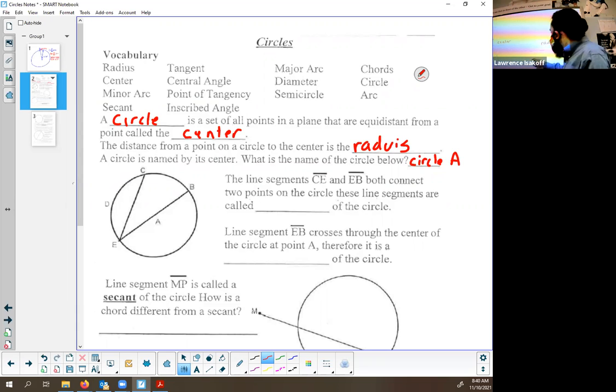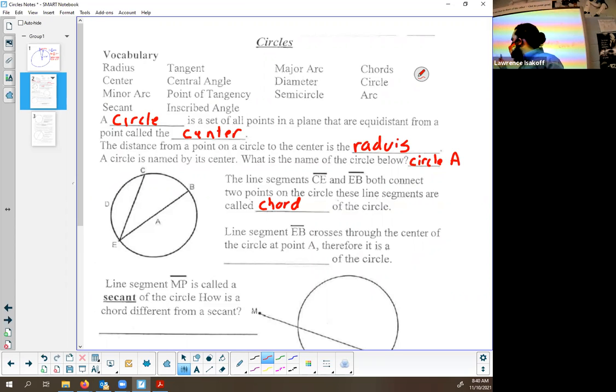So, any line that connects 2 points is called a chord. So both going from E to C and E to B, that's called a chord. That's just any line that goes from the edge of the circle to the edge of the circle. Now, E to B is a very special one because it goes through the center.